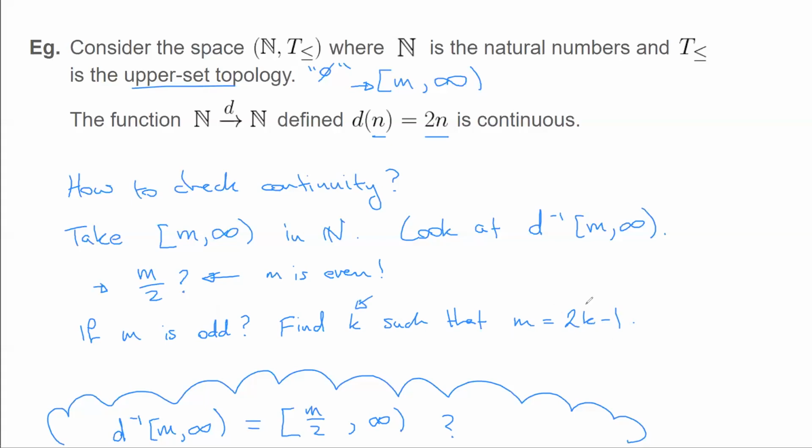Well, if m is odd and m is equal to 2k minus 1, then d inverse of m off to infinity is equal to, you guessed it, the interval k off to infinity. And so this function is continuous, since the inverse image of every open set is also open.